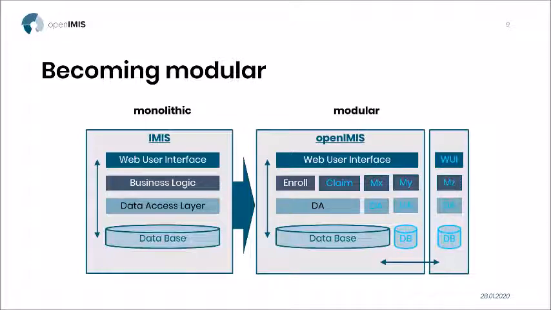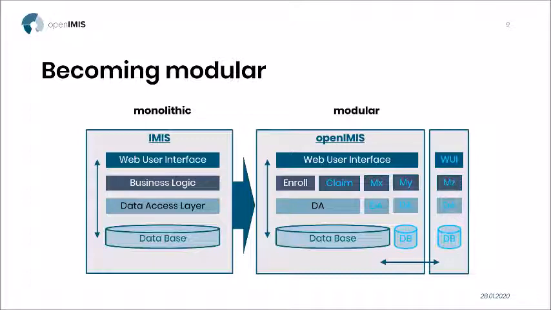If you look at the new diagram on the right where we wanted the modular structure, you can see that the business logic particularly has been broken down. The various business processes within openIMIS, as in the enrollment and the claim, have been broken down together with their data access layers as well, and this also introduces the possibility of creating new modules.